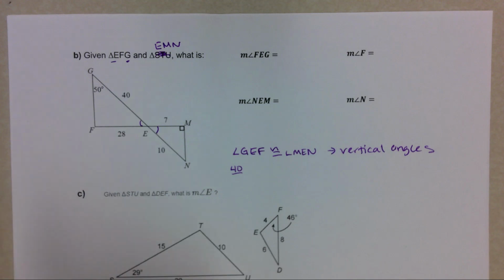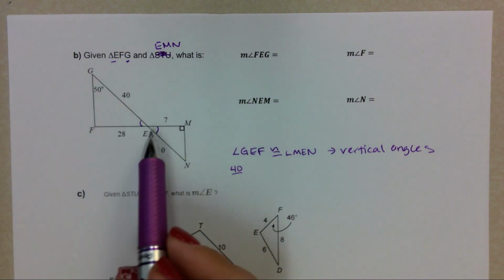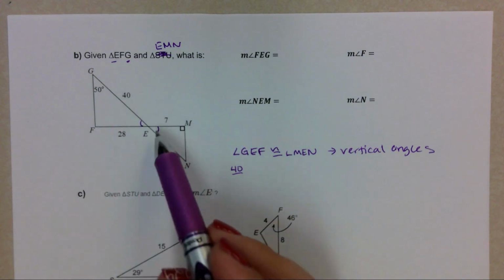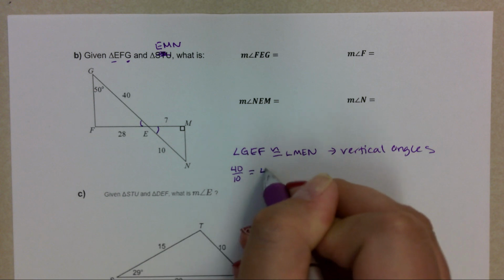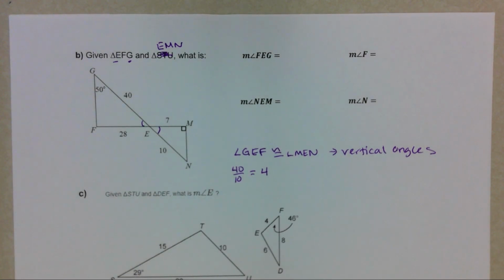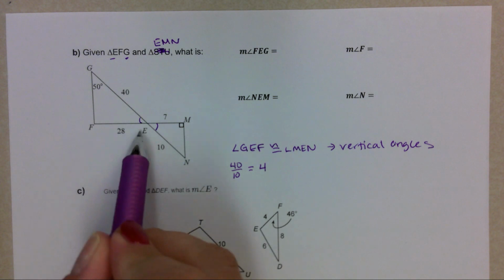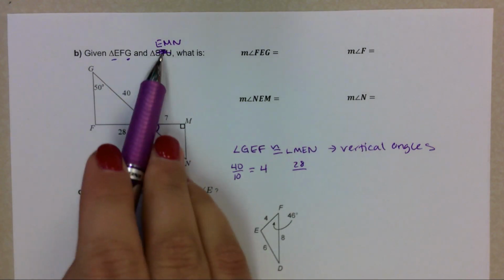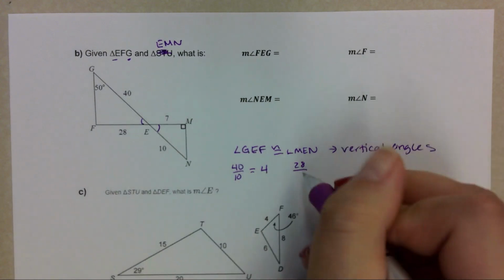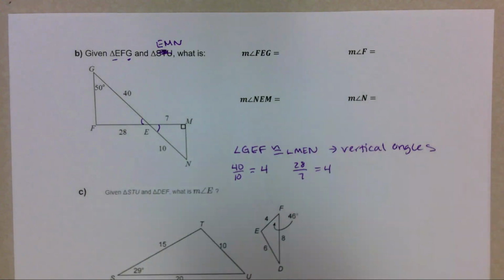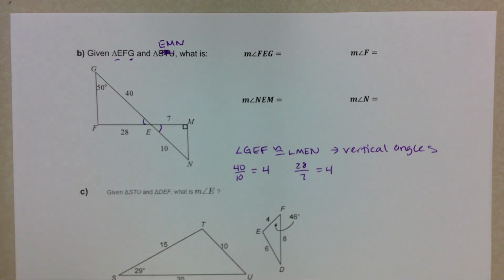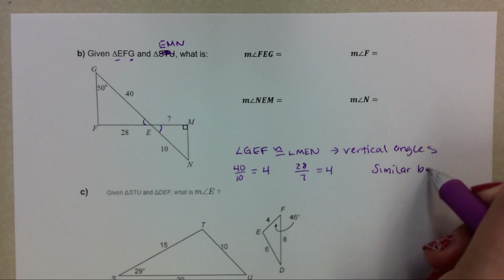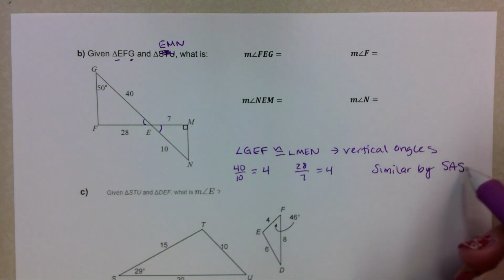So we have GE is 40, so that'll correspond with NE, which is 10. So that gives me a ratio of 4/1, or 4. And then I have FE, which is 28, and that corresponds with ME, which is 7, and that simplifies to 4. So we do have similar triangles by side angle side similarity.